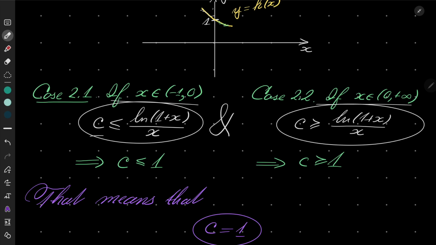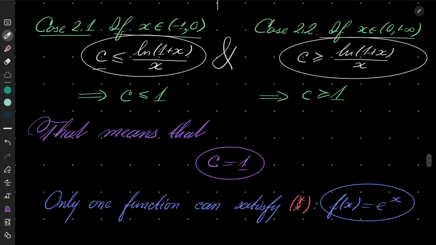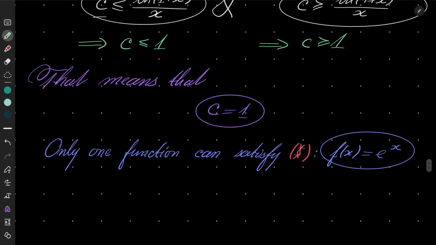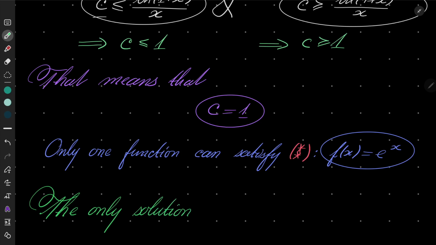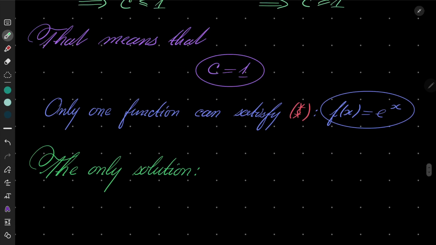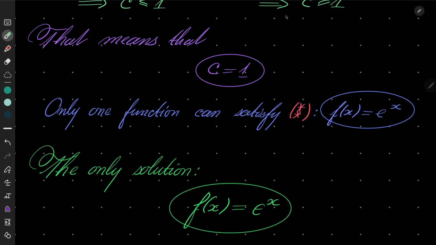So now we know that, in fact, our functional equation and functional inequality have only one solution. The only solution f of x is e to the power of x. And that closes our problem.